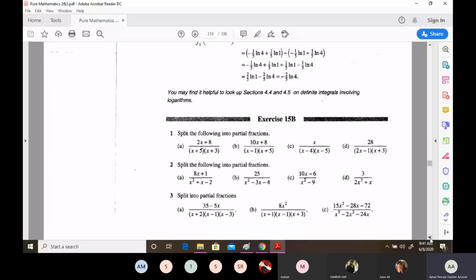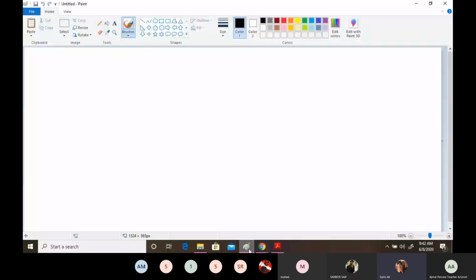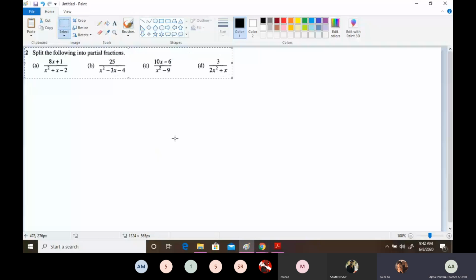Okay, I'm taking you to question number 2. Saim, can you see this? Yes sir, नजर आ रहा है. Okay, fine. Let's go for which example should I take for you? You suggest me.